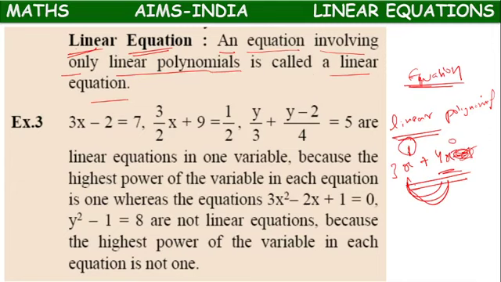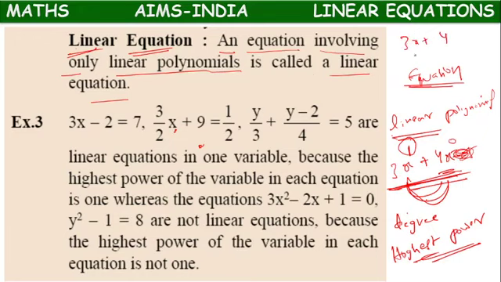1. If in an expression the highest power is 1, that is called the degree. Degree means the highest power of the variable. So in 3x plus 4, what is the highest power of the variable? 1.